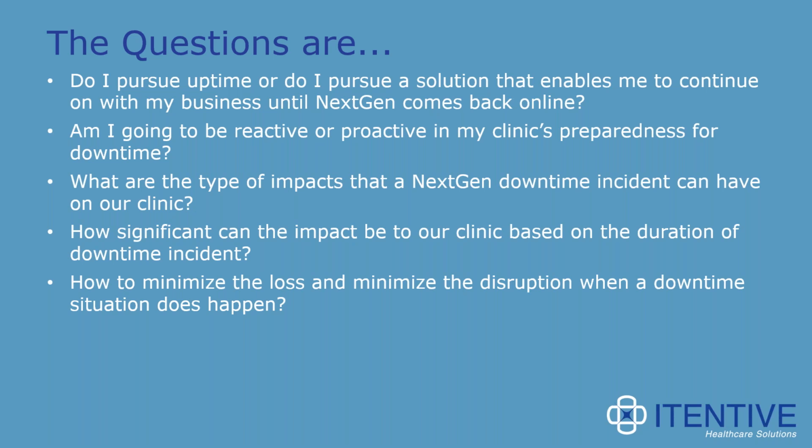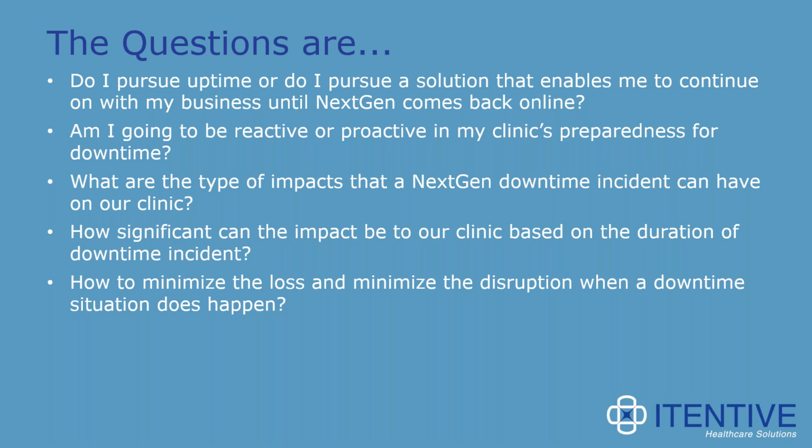If I'm down for an hour, how would that impact my revenue? How would that impact my productivity? How would that impact my quality of care? If I'm down for 2 hours, how significant of an impact would that be to my revenue, to my productivity, to my quality of care?